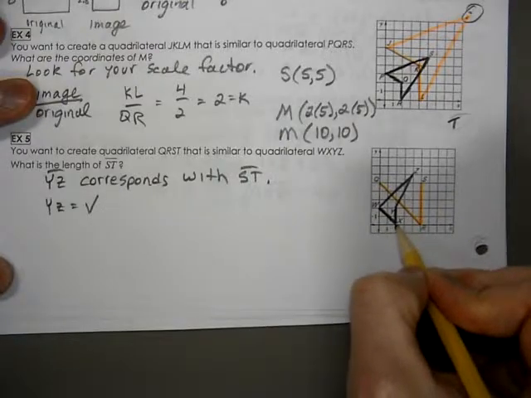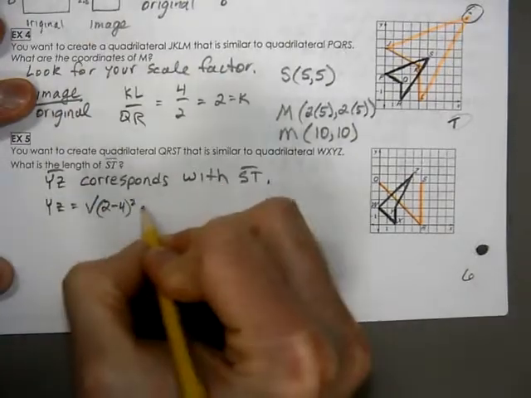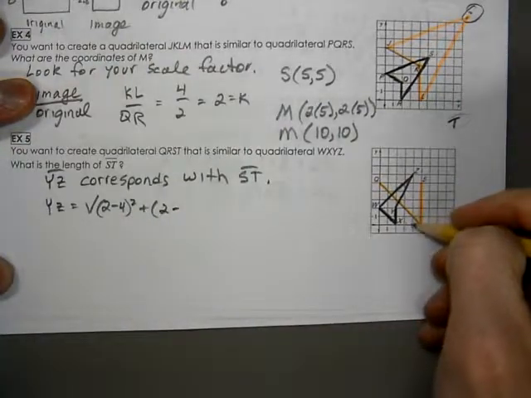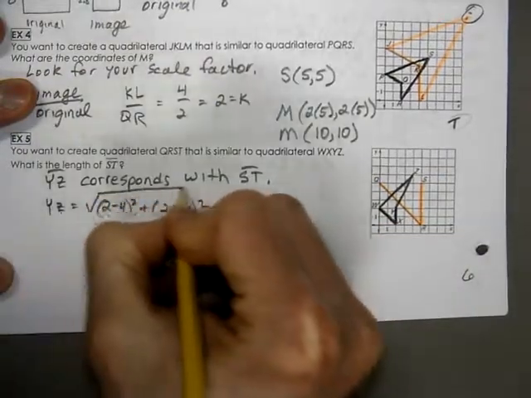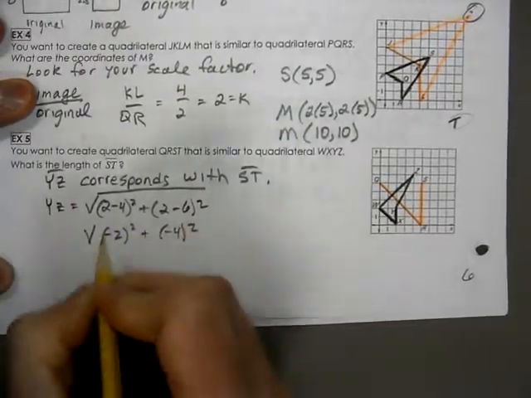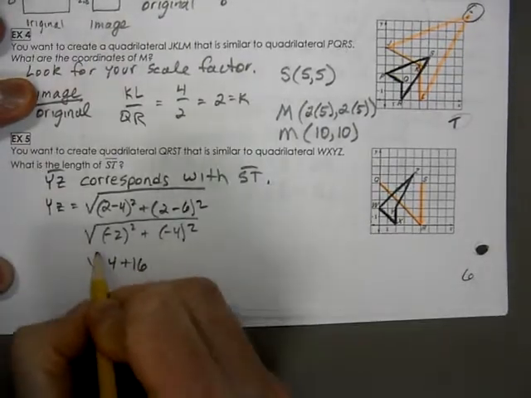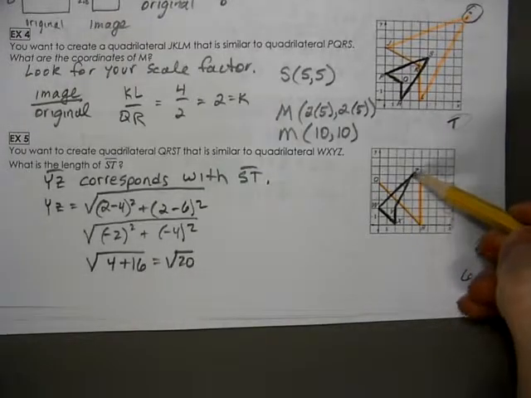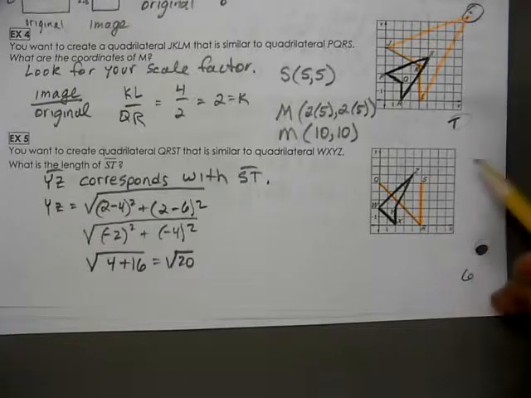So the Y coordinate is over 2, the Z coordinate is over 4, the Y coordinate is up 2, the Z coordinate is up 6. So that gives us -2 squared and -4 squared, which is 4 plus 16. So that's going to give us the square root of 20. So now we know that YZ is this length called square root of 20. It's a little bit more than 4 and a little bit less than 5.